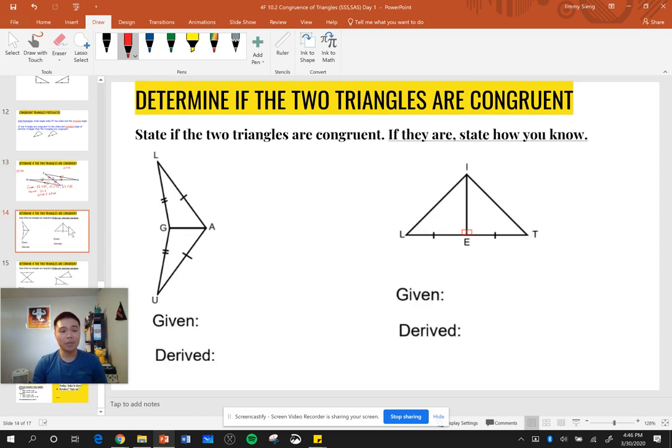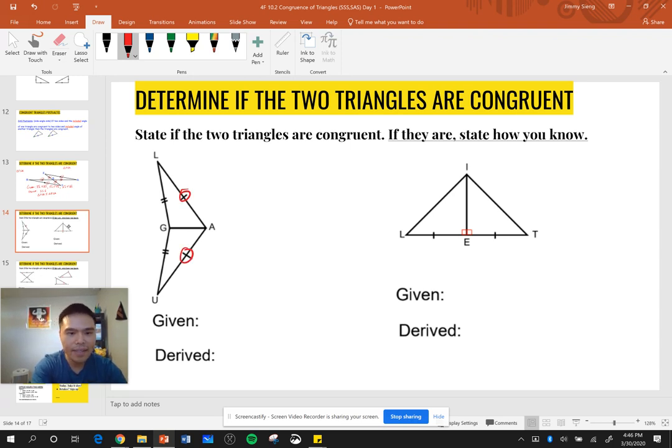Let's look at two examples. We have four left, and I want to look at two of these and talk about them. Let's see what we have and try to derive, using side, side, side or side angle side, whether the two triangles are congruent. Looking at the first one, the boomerang one, I'm given this and this.